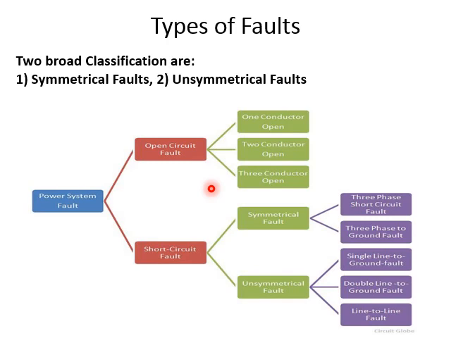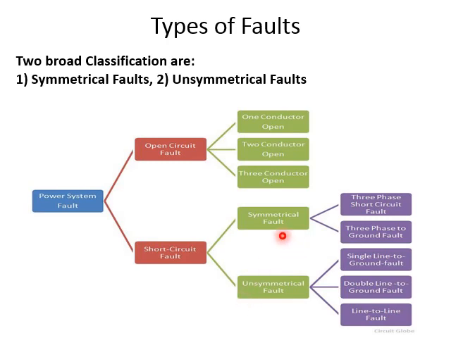Types of faults. Two broad classifications are symmetrical faults and unsymmetrical faults. Power system faults are of two types: open circuit fault and short circuit fault. The open circuit fault has one connector open, two connectors open, or three connectors open. So basically any of the three phases can get open. That is an open circuit. Short circuit has two types again: symmetrical fault and unsymmetrical fault.